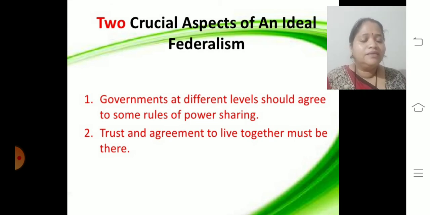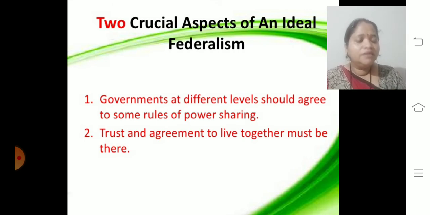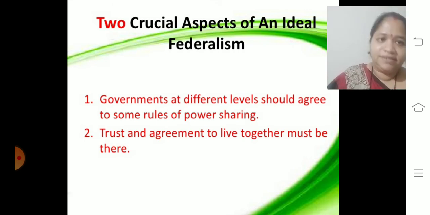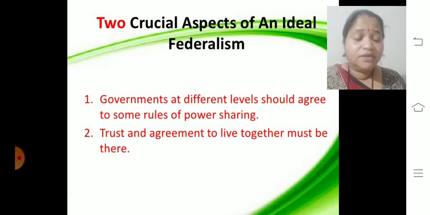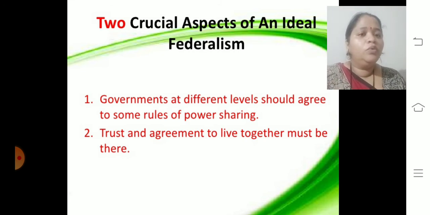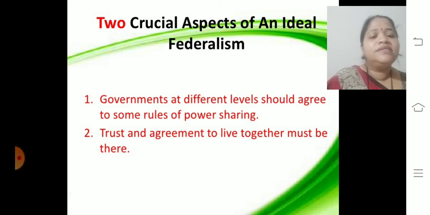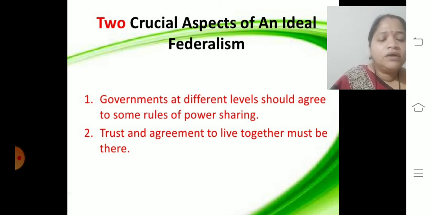It should not be that the state says I will not hear this order of the central government, or the central says I will only give orders to the state. No, it's not like that. The power sharing rules under federalism should be agreed upon. Next, we are able to work with a successful form of federalism as a system of government. Why? Because of trust and agreement.